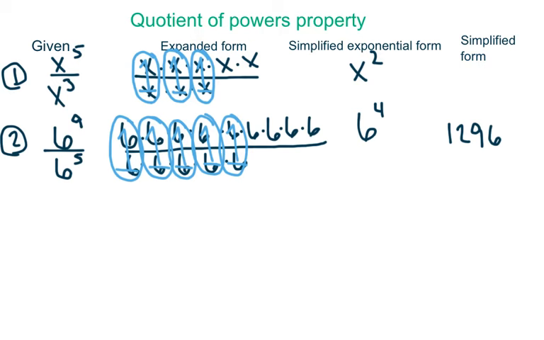Alright, third example. A to the seventh over a to the second. The expanded form you can try on your own if you'd like. Pause this and try this one on your own.